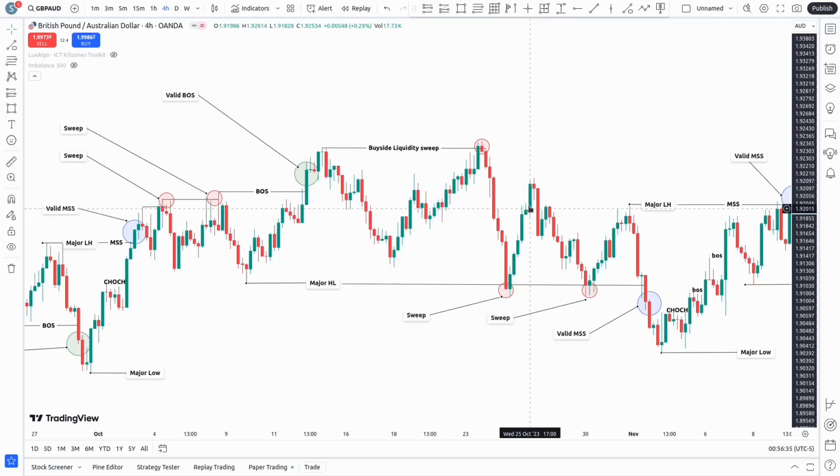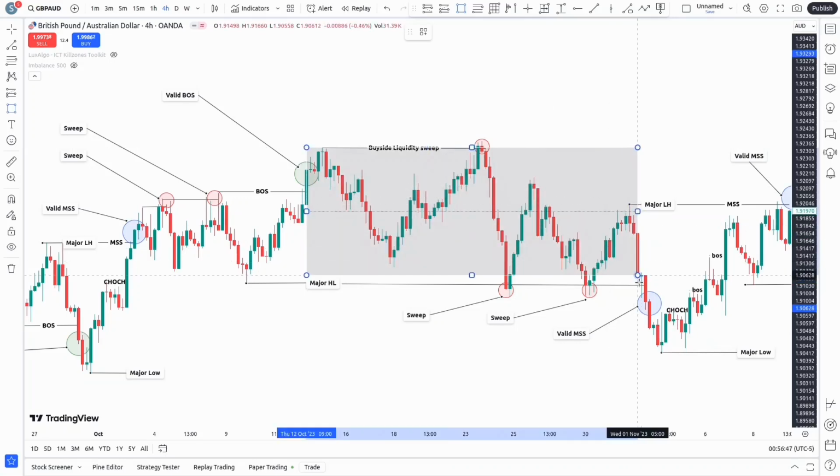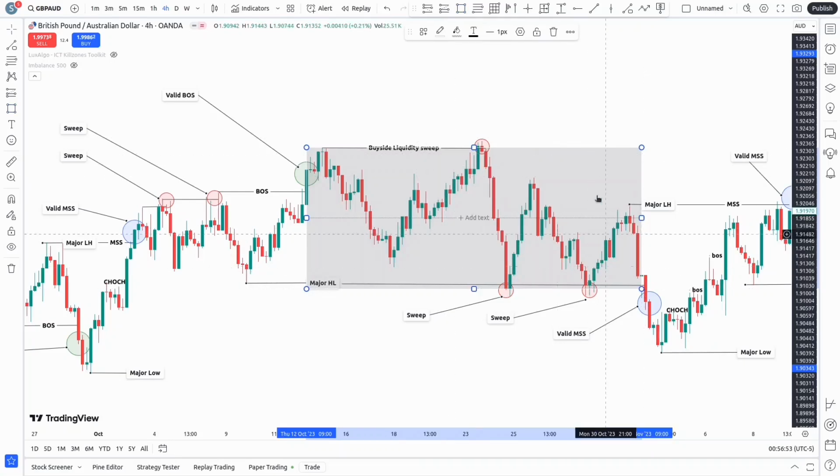So price comes to this point, then in this place we will say that this market is not moving in a particular direction. We are having a kind of range in this box.